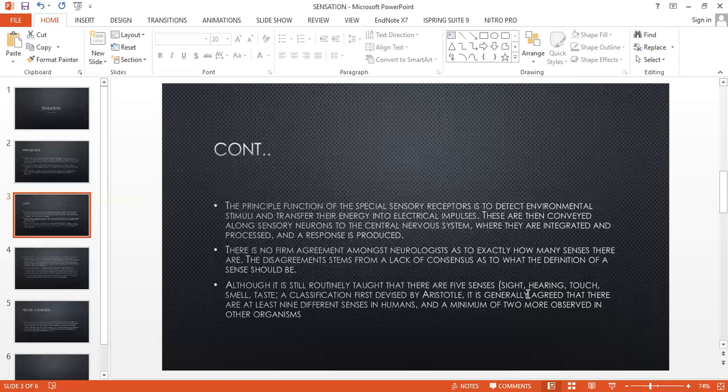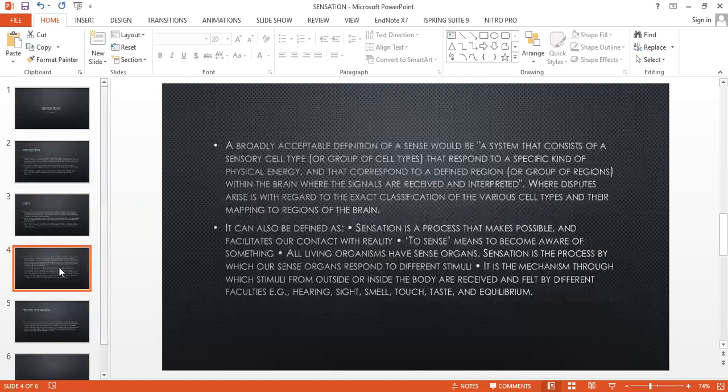A classification first devised by Aristotle, it is generally agreed that there are at least nine different senses in humans, and a minimum of two more observed in other organisms. So, a broadly acceptable definition of a sense would be a system that consists of a sensory cell type or group of cell types that respond to a specific kind of physical energy, and that correspond to a defined region or group of regions within the brain where the signals are received and interpreted.